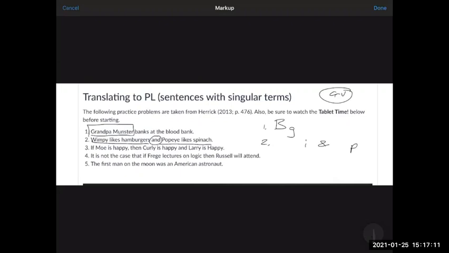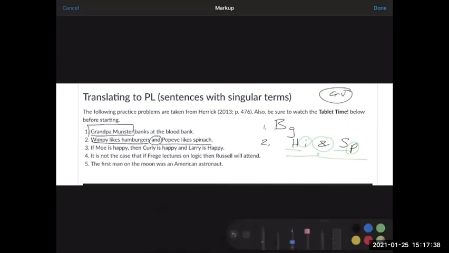How about H for likes hamburgers, and S for likes spinach? So there you go. How do we read this? Wimpy likes hamburgers and Popeye likes spinach. The main operator is the ampersand, so it is a truth functional compound. Simple as that.